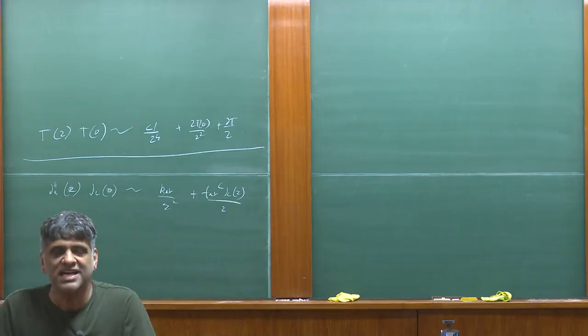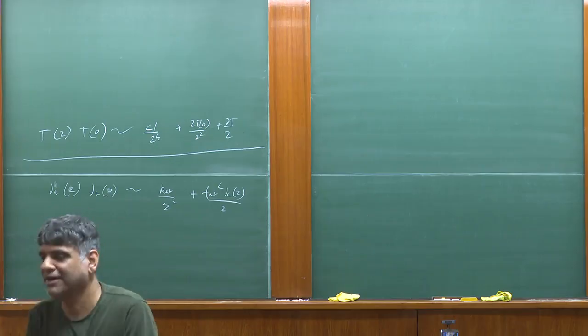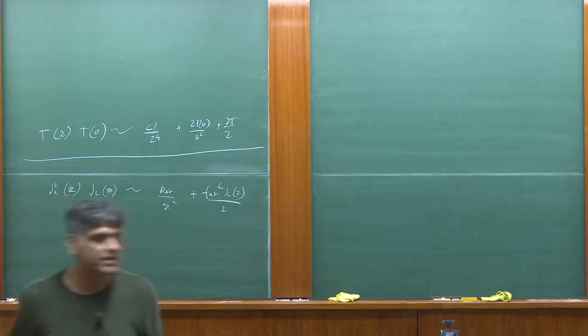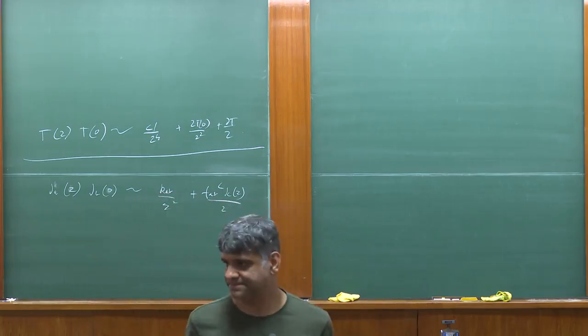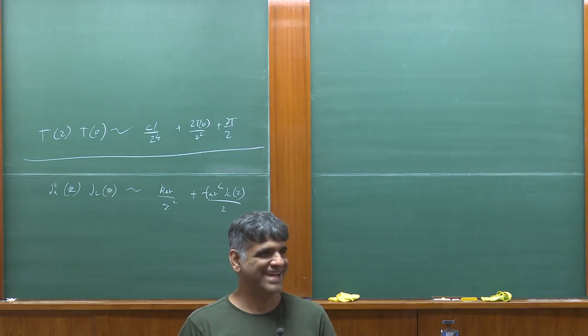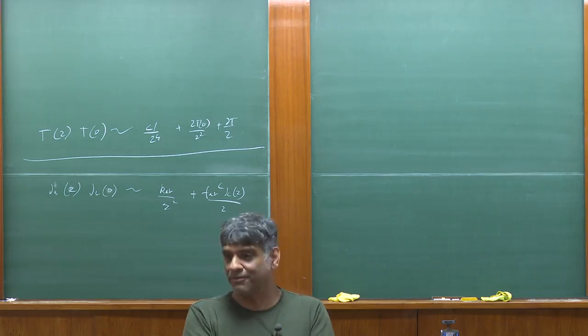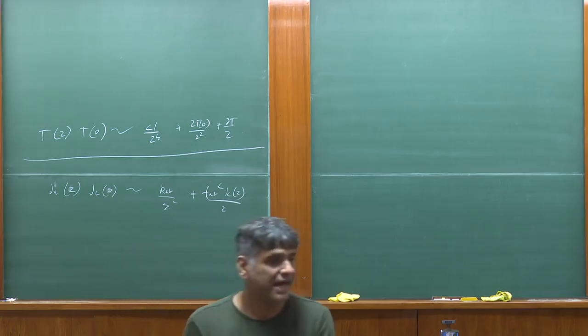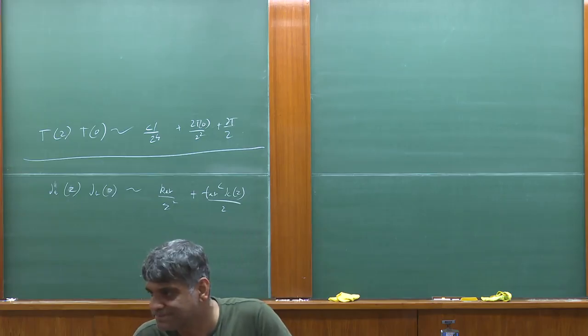I think it has to do somehow with one way of thinking of this TT OPE, one way that mathematicians like, which is the following. They write down the algebra of diffeomorphisms. That's just the algebra that you get from Virasoro minus the central charge. And then they ask, what are the possible central extensions of this algebra?